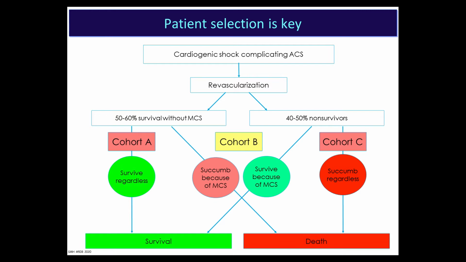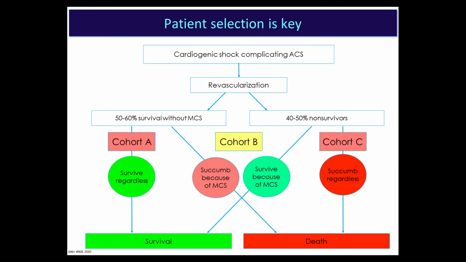However, if you think about this and you refract this through observational studies, if you take people in cohort B, the ones who are informative about your device, and you add people in cohort A who are going to survive no matter what, your results are going to look better than they otherwise would.